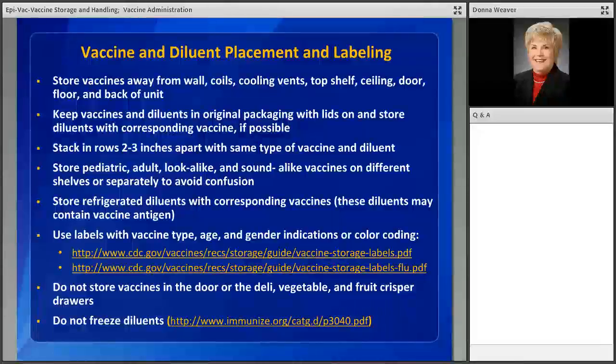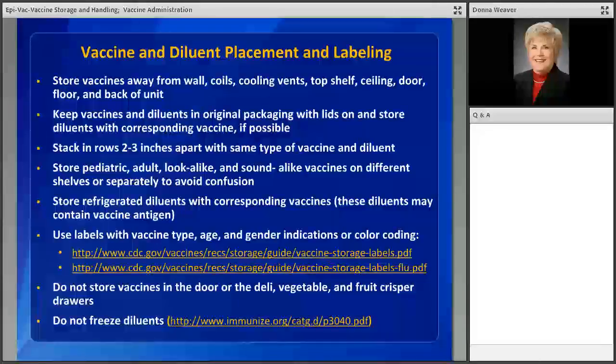For example, I wouldn't put DTaP and Tdap next to each other, or Hib and Hep B next to each other. Using labels with vaccine type, age, and gender indications, or that are color-coded, can also help prevent administration errors. We've included links to vaccine labels on our website that you may find helpful.